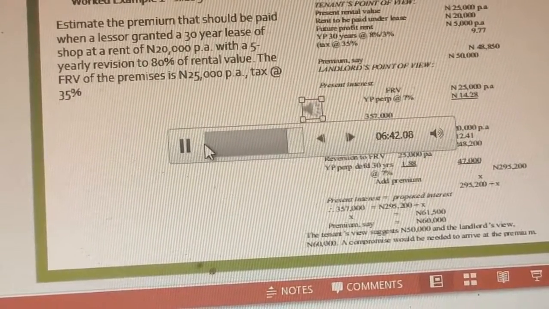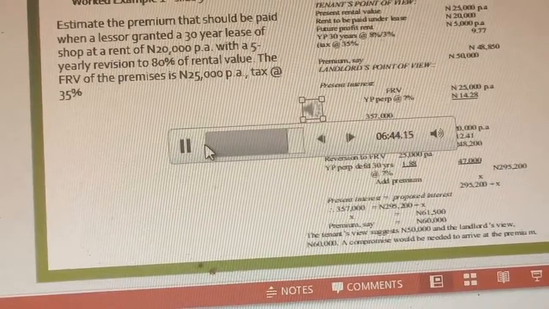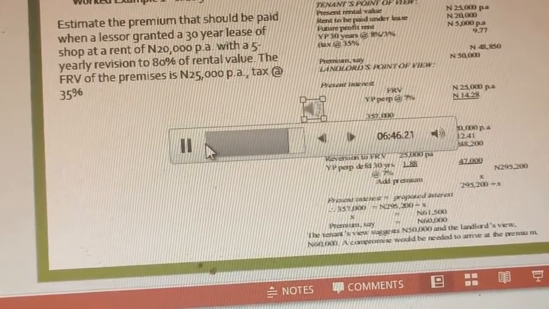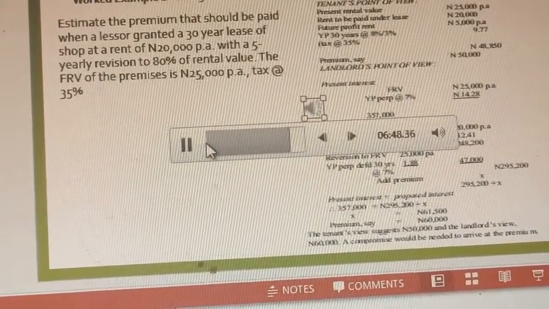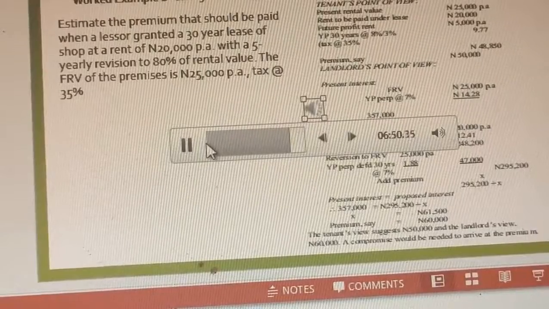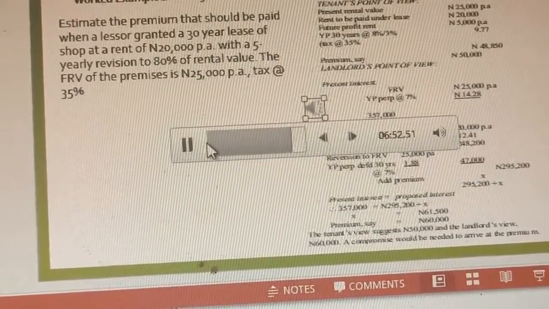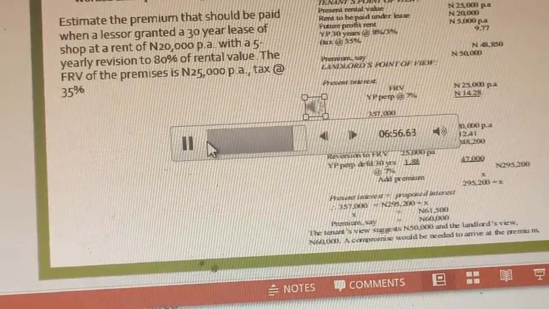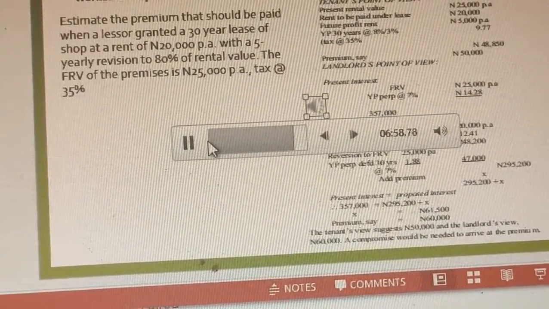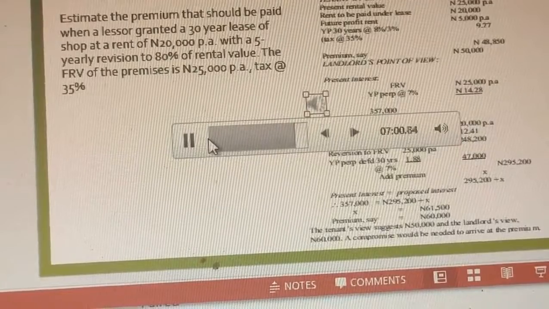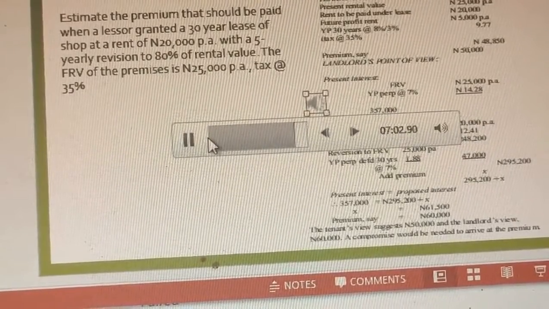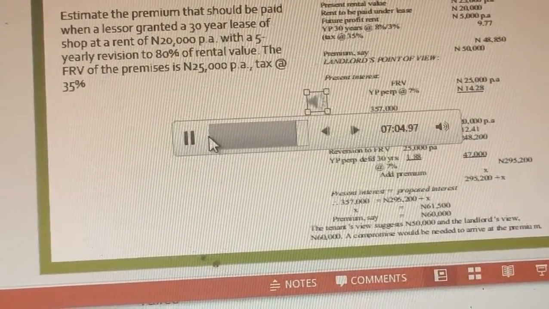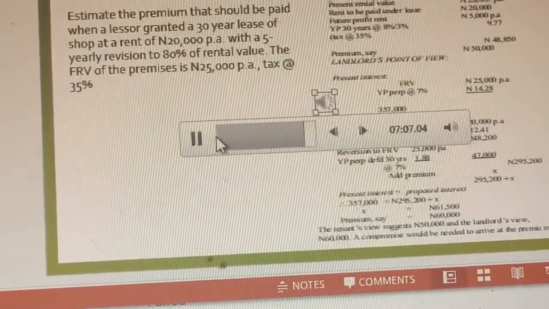Now, if you try to find the average, I think it will come to about 60,000. That appears to be the average between the tenant's point of view and the landlord's point of view. The tenant's view suggests 50,000 and the landlord's view 60,000. A compromise would be needed to arrive at the premium. So you can just find the average.